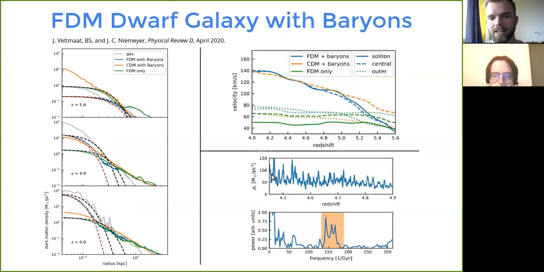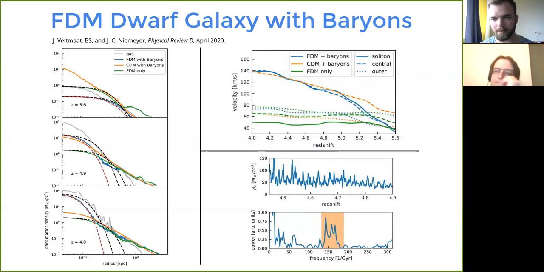And then finally, we again had a look at the central densities of these ground state solutions, and again saw that they oscillate, and again took the power spectrum of that and found a typical frequency that again very nicely aligns with the free fall time of that ground state solution.